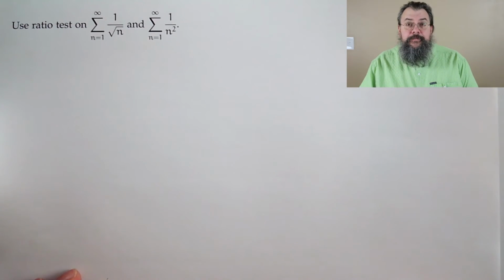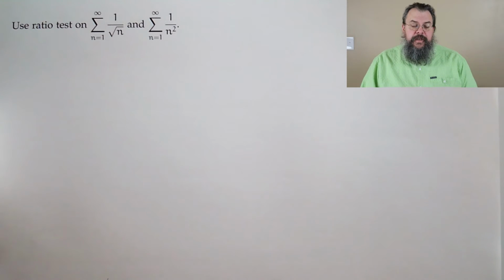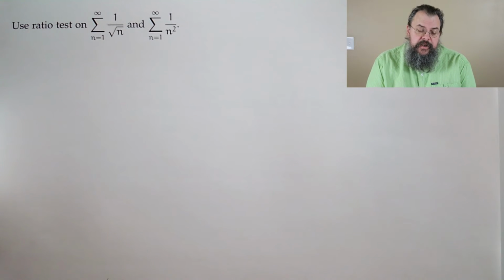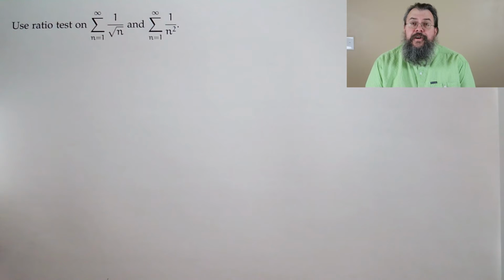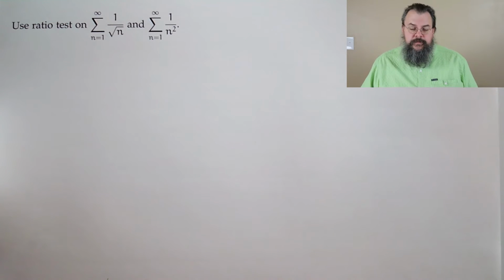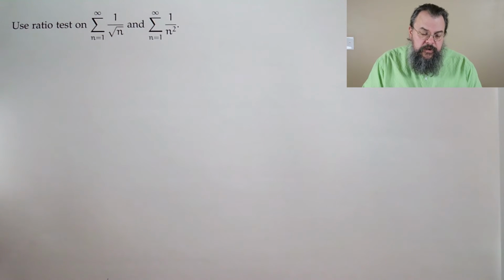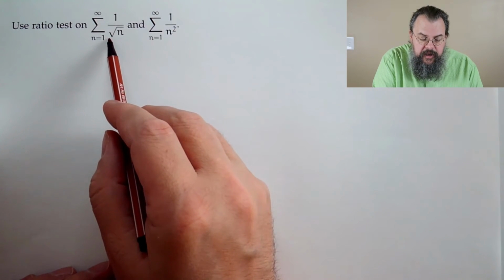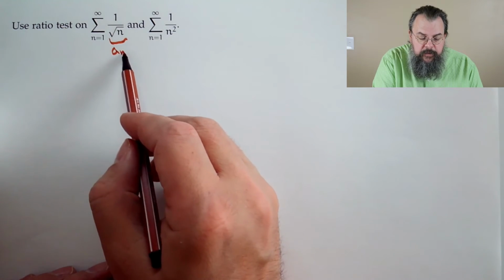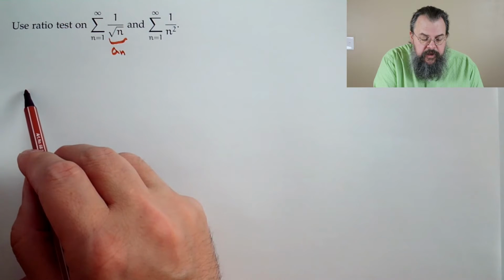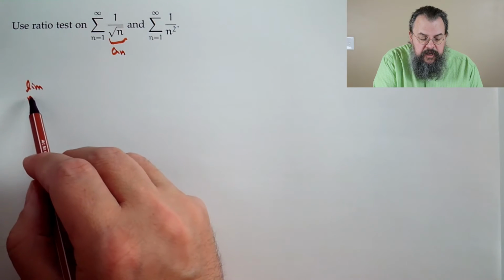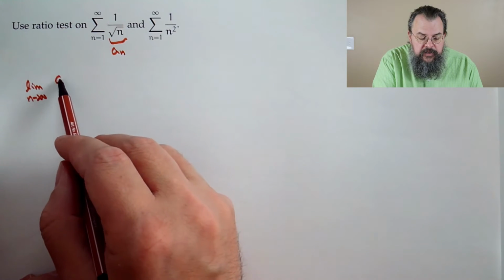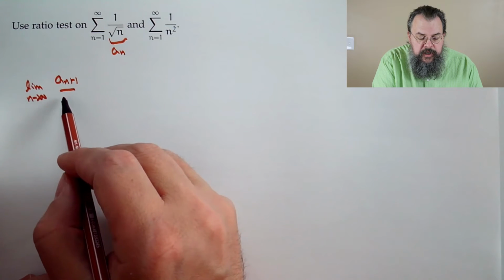All right. Next problem. Use the ratio test on the following sums. Okay, well, all right. So the ratio test, let's say, we'll start with this one as our a sub n. So what does that say? We're going to look at the limit as n goes to infinity of the next term over the current term.